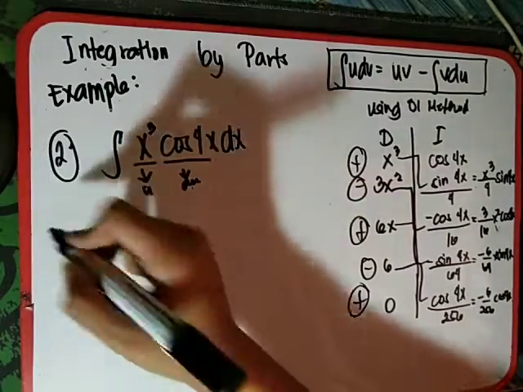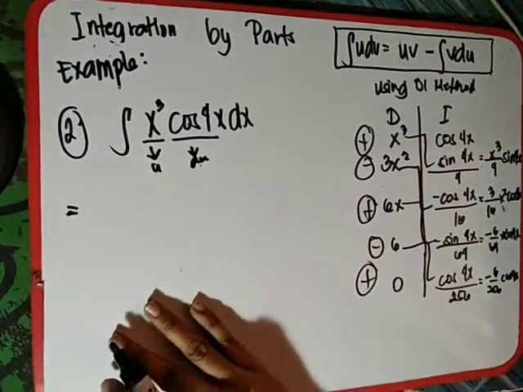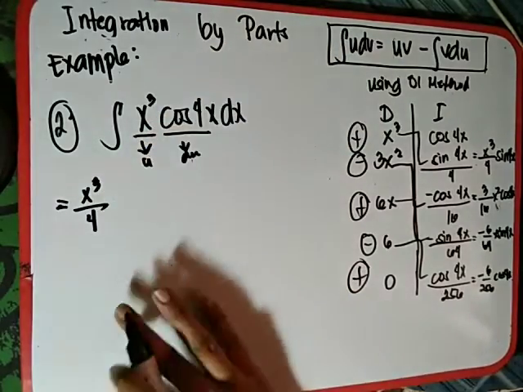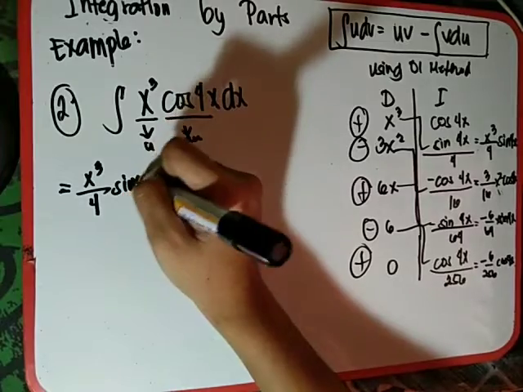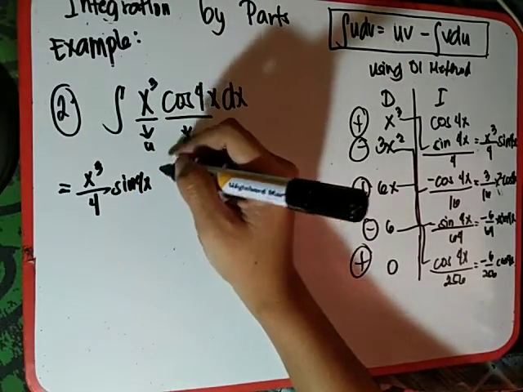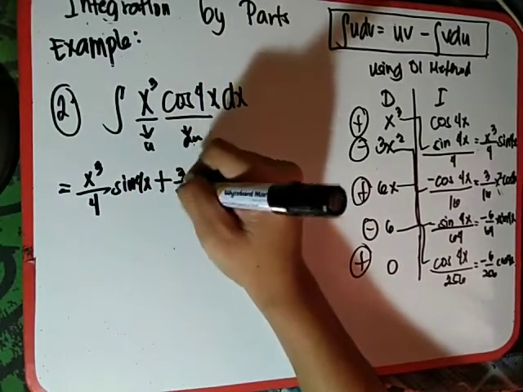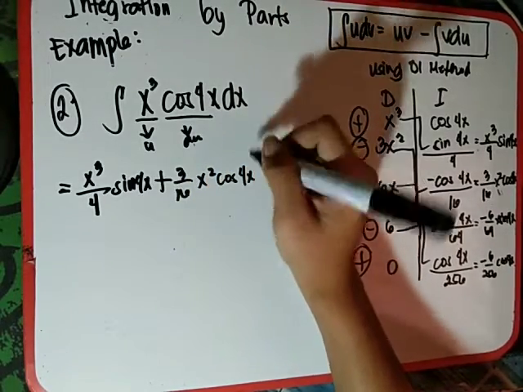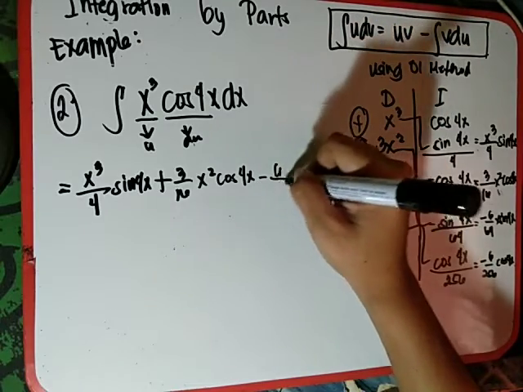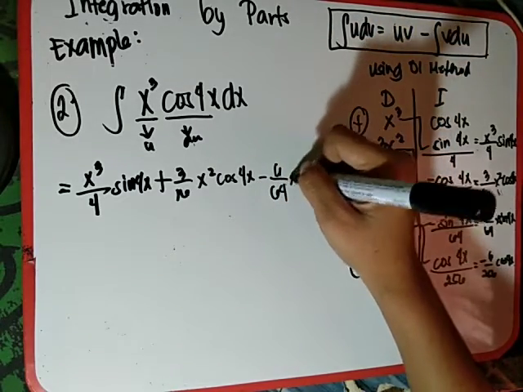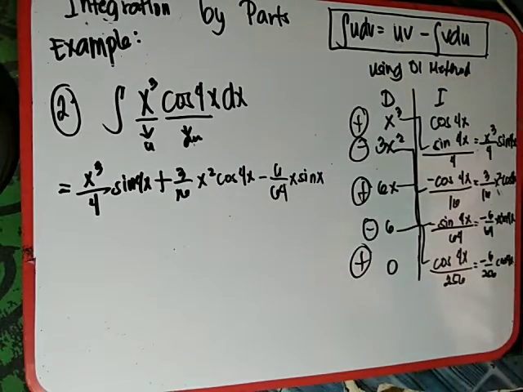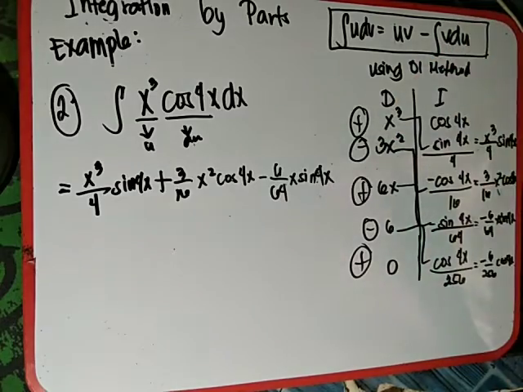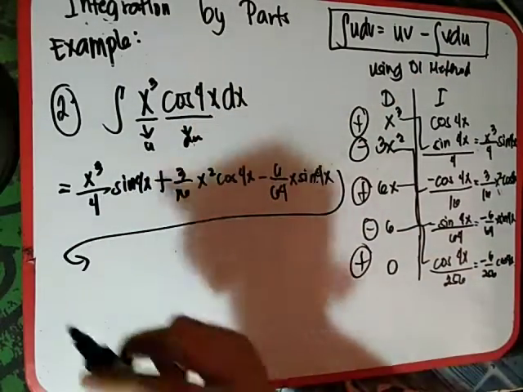So here we will write the final answer. So we have x cubed over 4 sine 4x plus 3 over 16 x squared cosine 4x minus 6 over 64 x sine 4x.